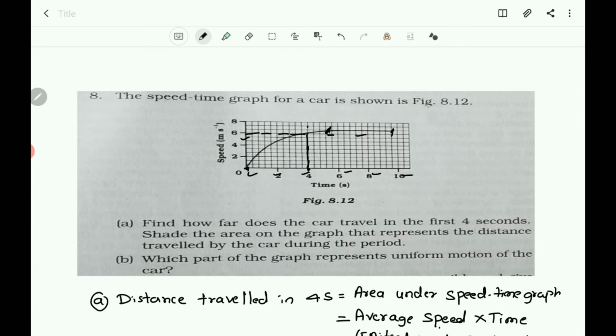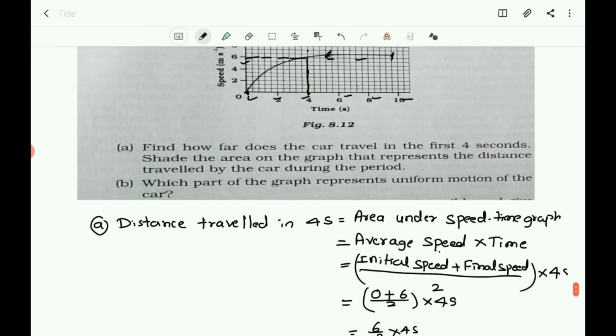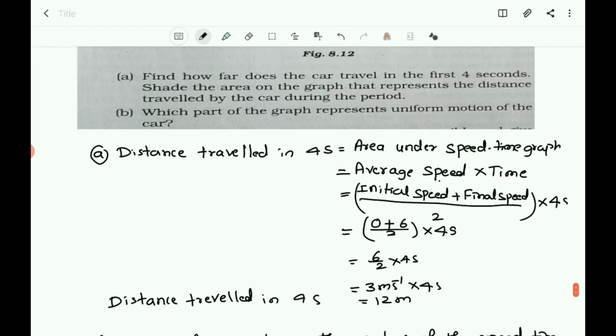So this part represents the uniform motion of the car.